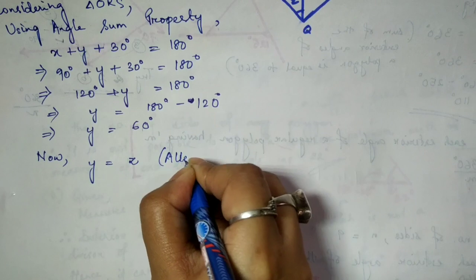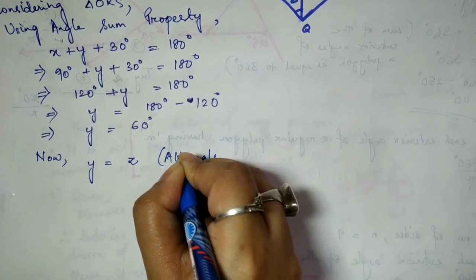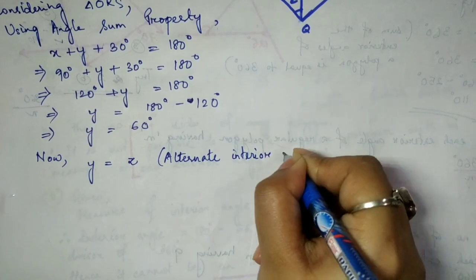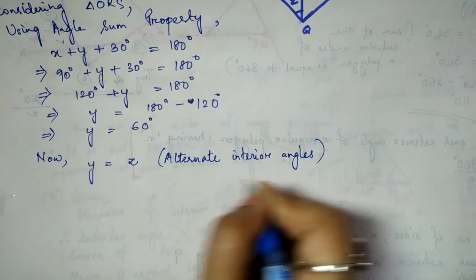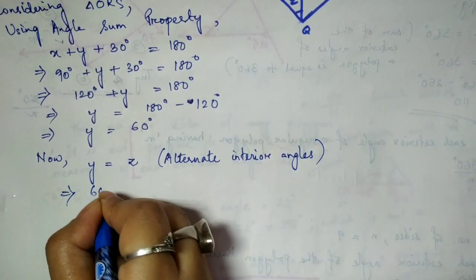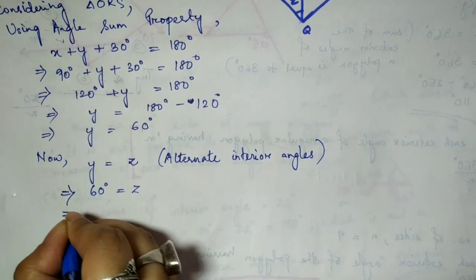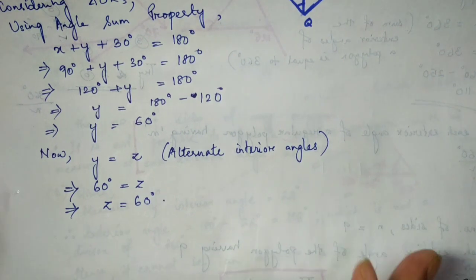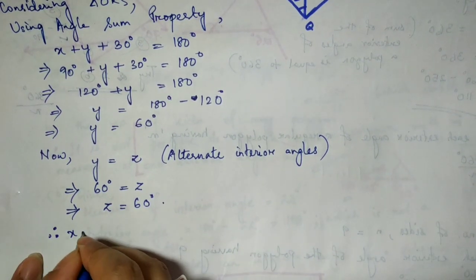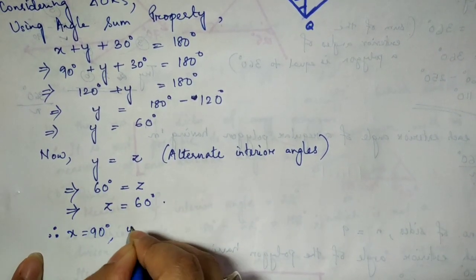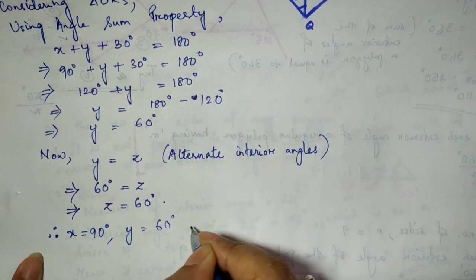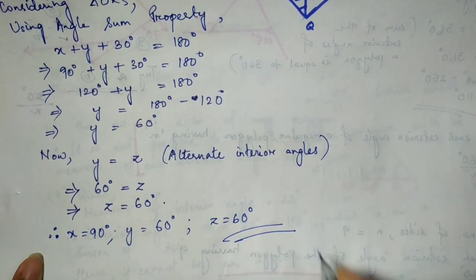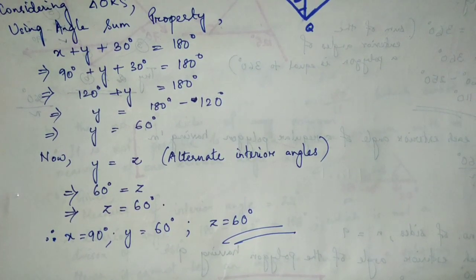Alternate interior angles. Okay, so Y is 60 degree, equal to Z. This implies Z is equal to 60 degree. So what did I find? Therefore X is equal to 90 degree, Y is equal to 60 degree, and Z is also equal to 60 degree. So in this way I found out all the unknown values.